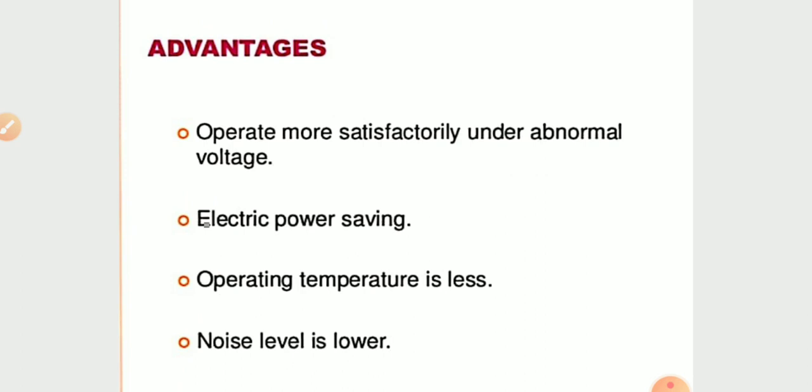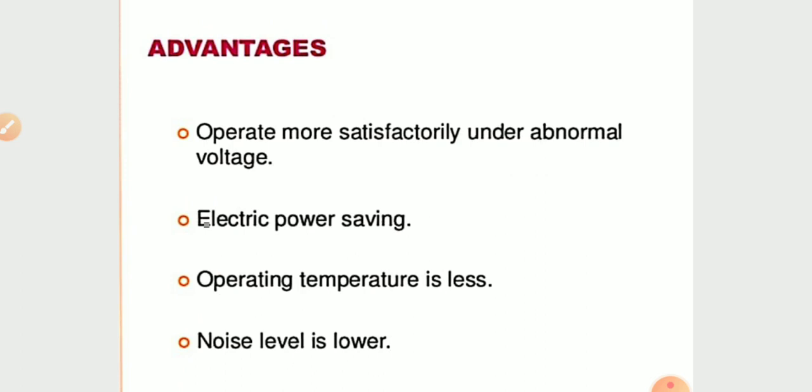Now the advantages of energy efficient motor. It operates more satisfactorily under abnormal voltage, which means if there is a starting condition for a fault, it can manage and work satisfactorily. It saves electrical power.